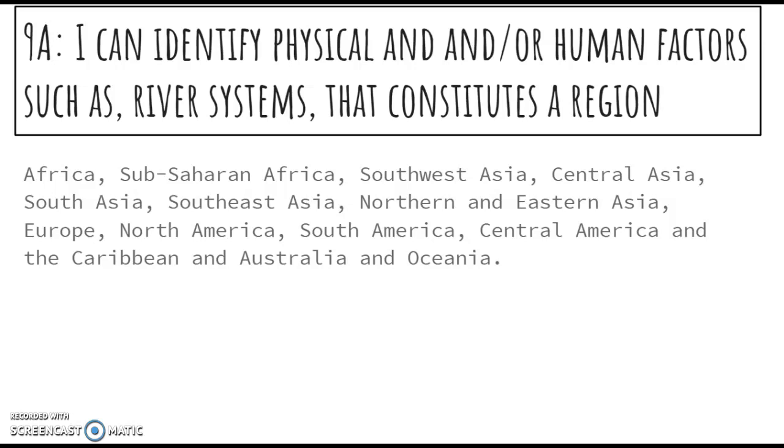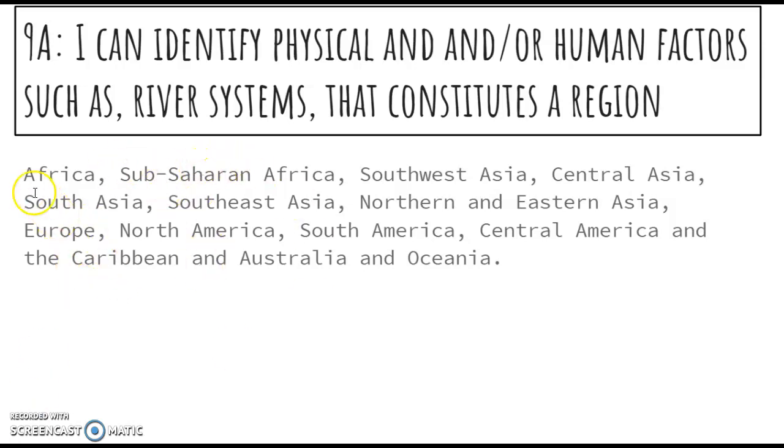9A states that you should be able to identify the physical and/or human factors, such as river systems, that constitute a region. In world geography, we have several regions that we look at.